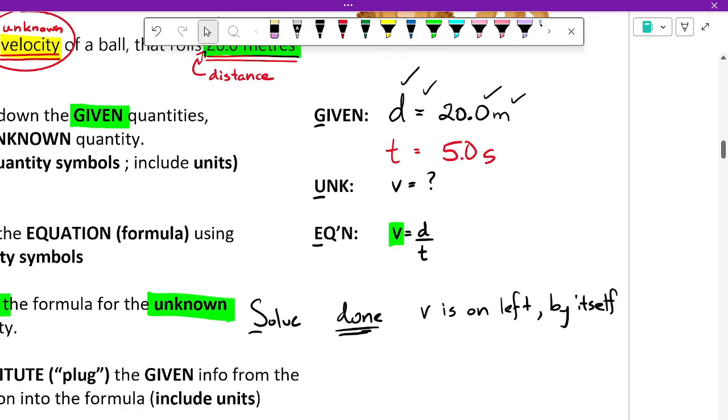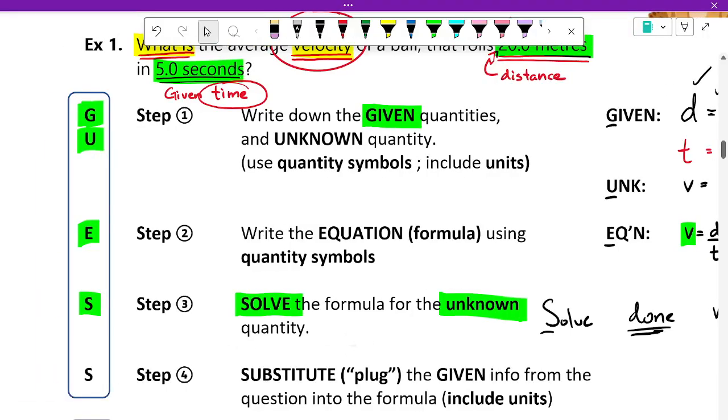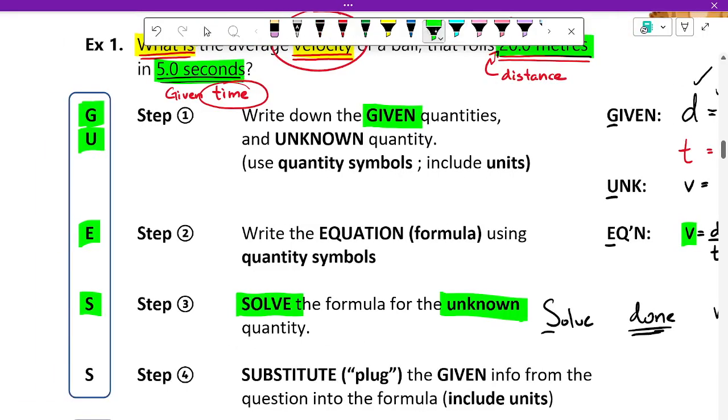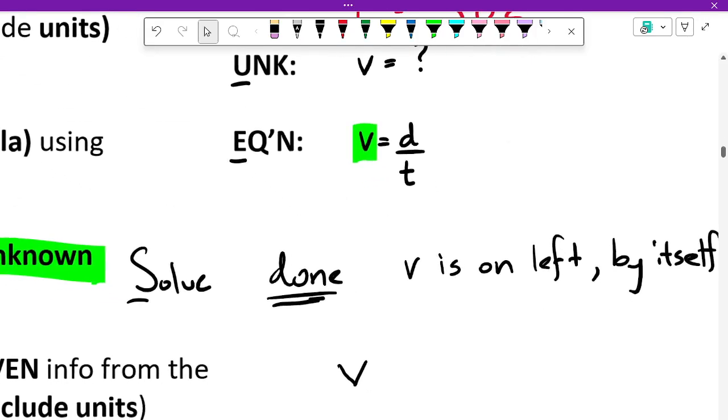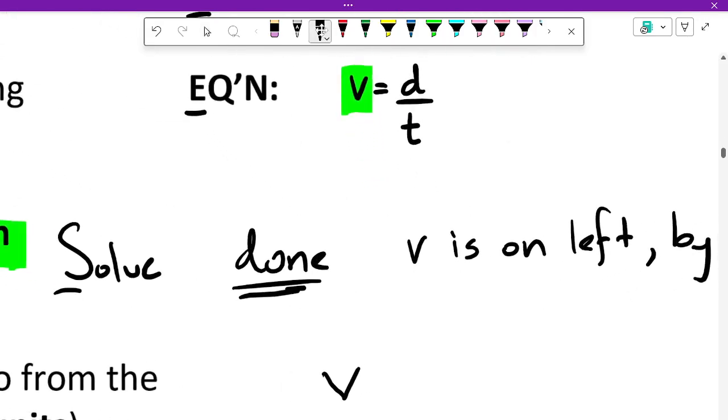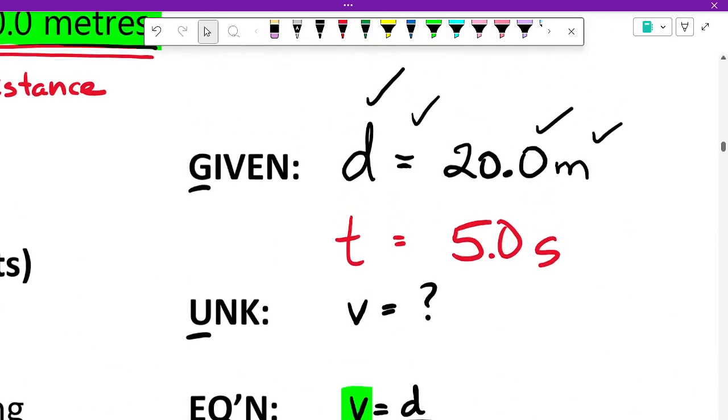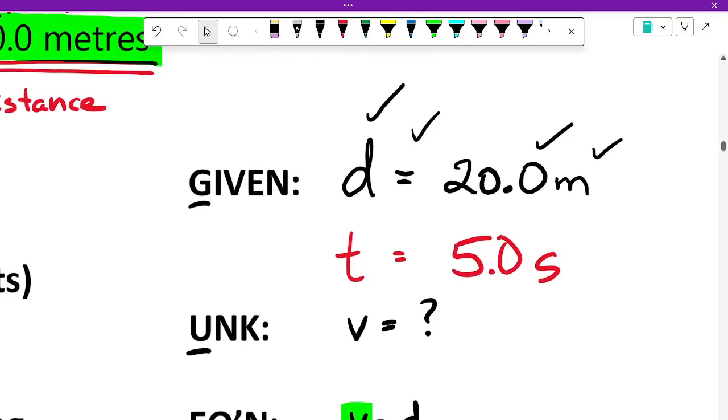The next thing we're going to do, the next S stands for substitute. And what that means is, instead of writing V equals D over T, we're going to write V equals, and then we will substitute the actual distance instead of D. What is the actual distance? 20 meters.